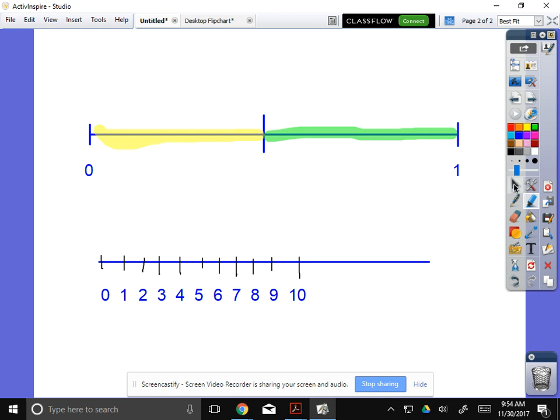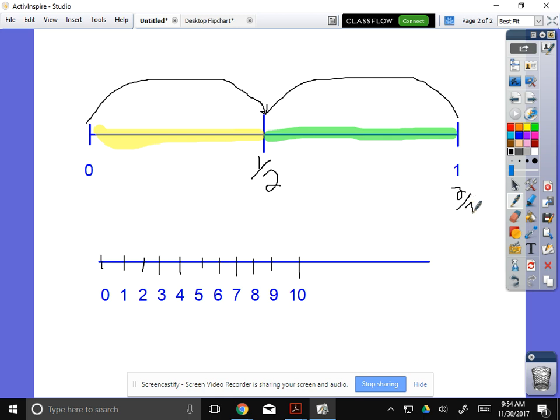And it's divided here in the middle, so this would be one piece, which would be my numerator, out of how many pieces? 1, 2. That would be my denominator. So this would be 1/2. Of course, this would be 1, which is equivalent to 2 halves.